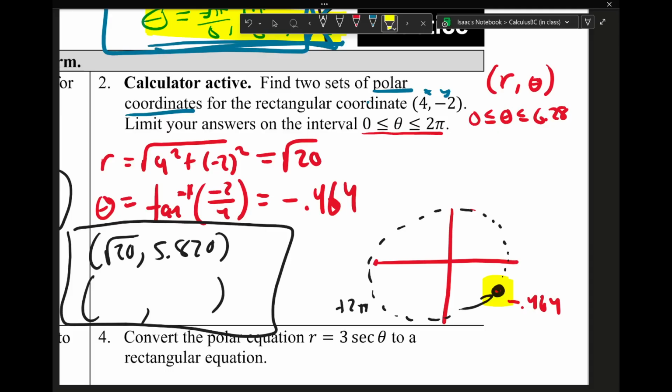If you make negative square root of 20 and positive. And positive what? If you add pi to this, why pi? Because it will give you the same slope.